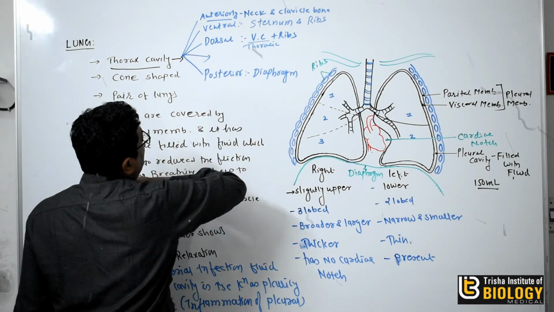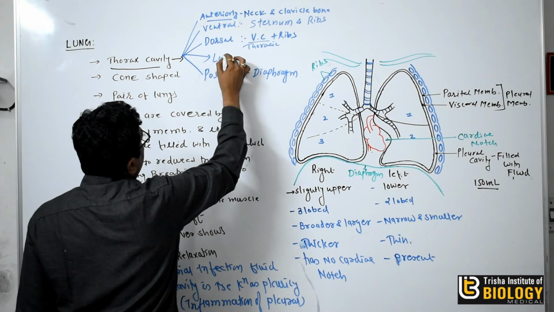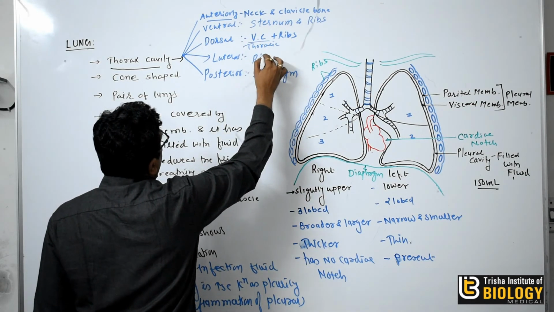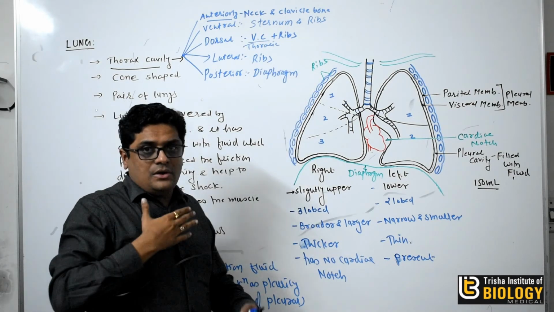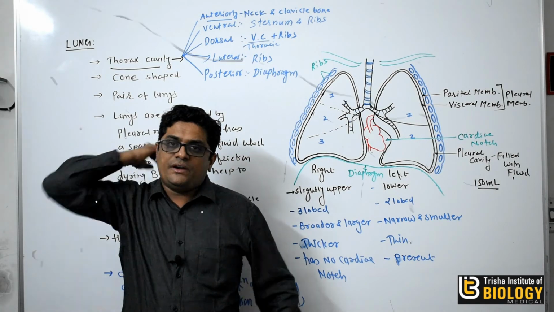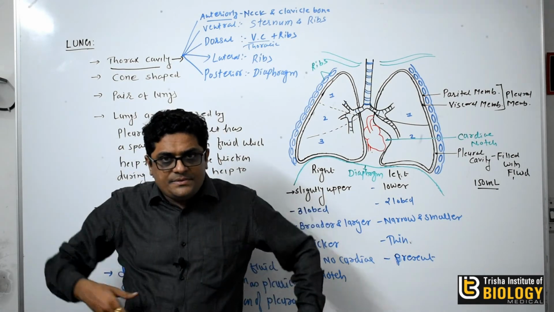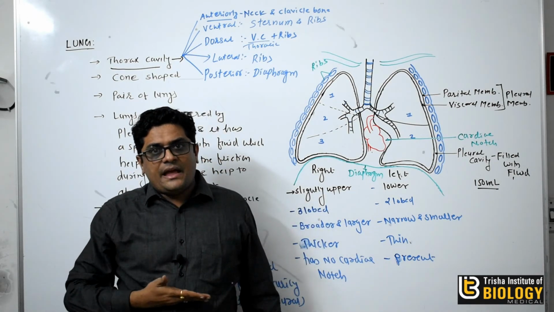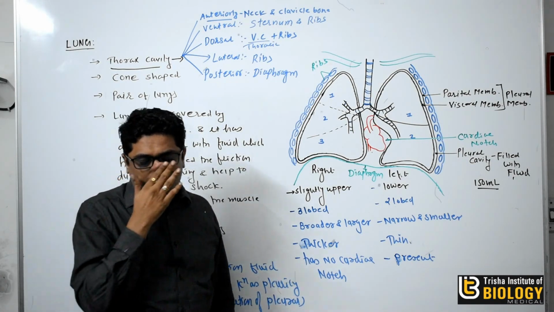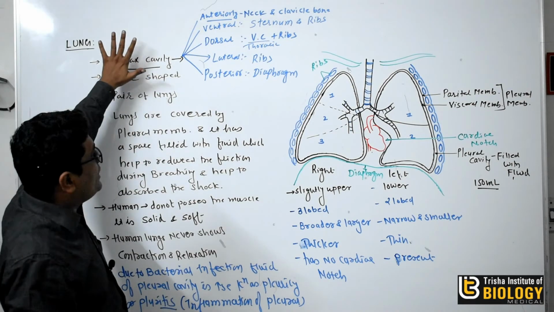And one more, at the lateral side it possesses the ribs only. So ventrally sternum and the ribs, dorsally thoracic vertebrae and the ribs, laterally ribs, at the lower side the diaphragm, and at the upper side the neck and the clavicle bone are responsible for the formation of the thorax cavity.